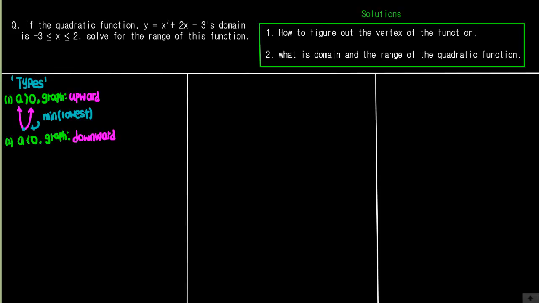When the graph goes downward, it will look something like this, that keeps going downward, and it will contain one specific point, which is the maximum point, or we can also call it the highest point on the graph.